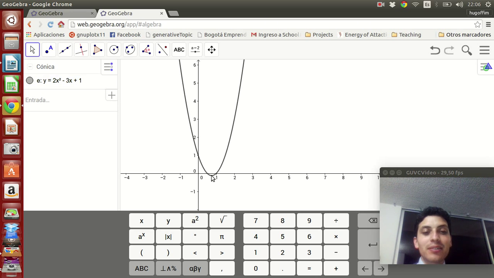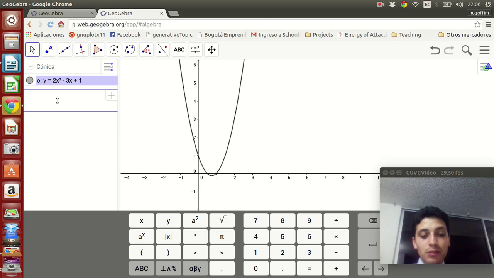It will be here, x equals 0.8 or 0.9. Okay, so this is the difference. The axis of symmetry changes according to the quadratic function.